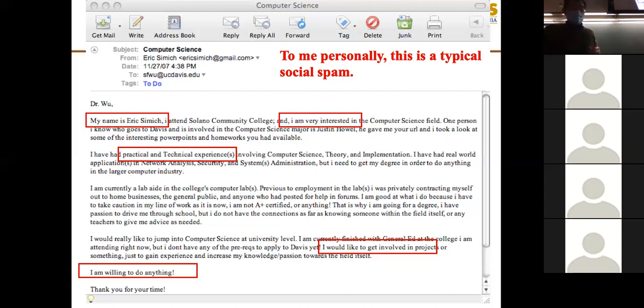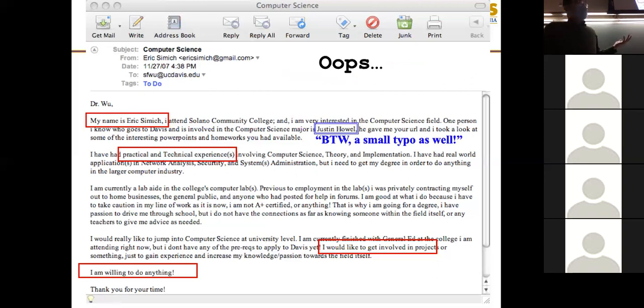Okay, so I'm going to move my mouse. My mouse is somewhere here. I move my mouse over here. Somewhere there is a delete button. Yeah, there is a delete button. I need to delete it. So I was lucky that my eyes followed my mouse. And I actually saw something in this particular paragraph. It's Justin Howell.